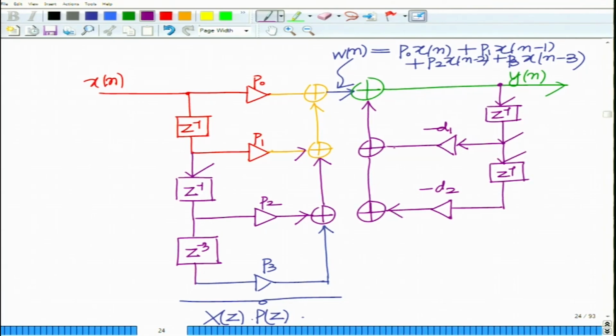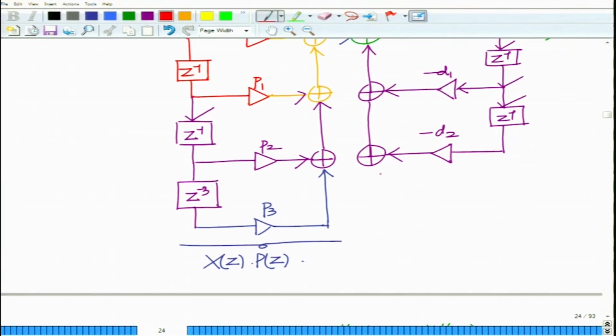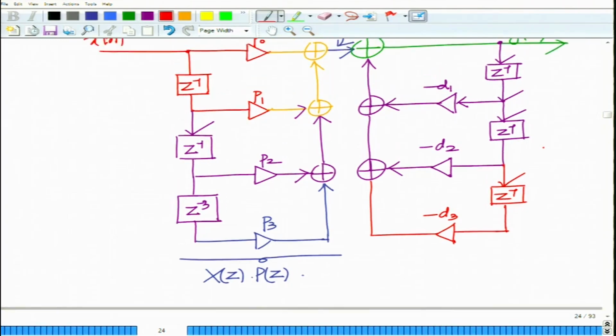So, this will be minus d2 y[n minus 2], and finally, you have another gain here, minus d3, and this will be your third delay z inverse. So, that will be minus d3 y[n minus 3].